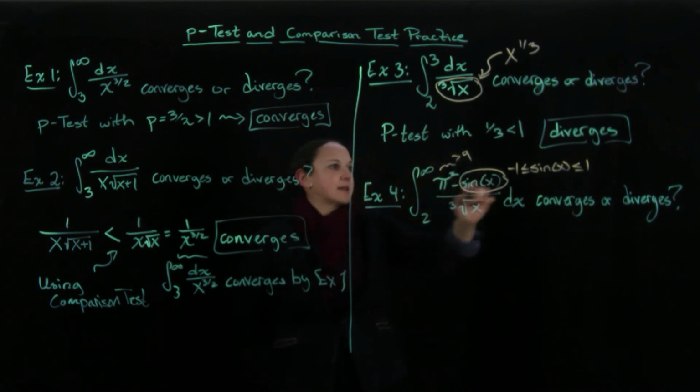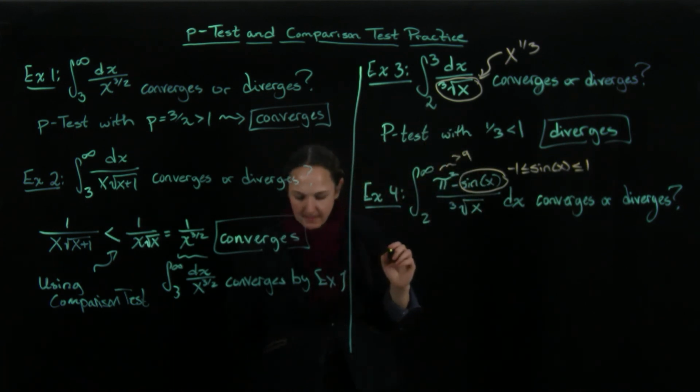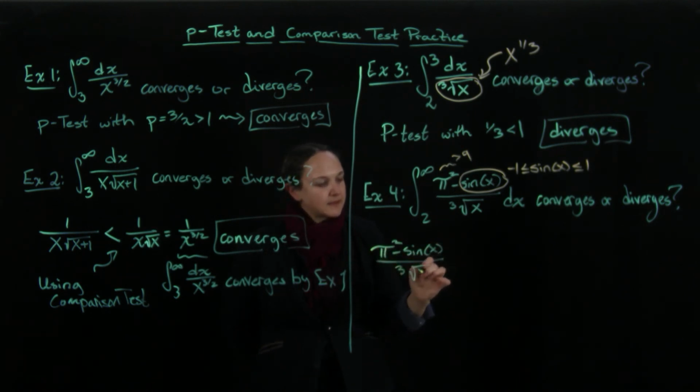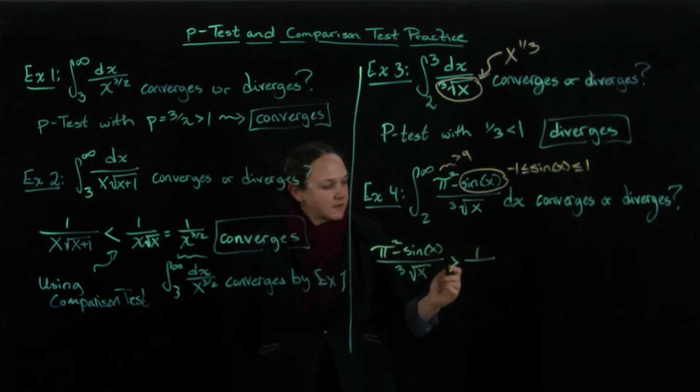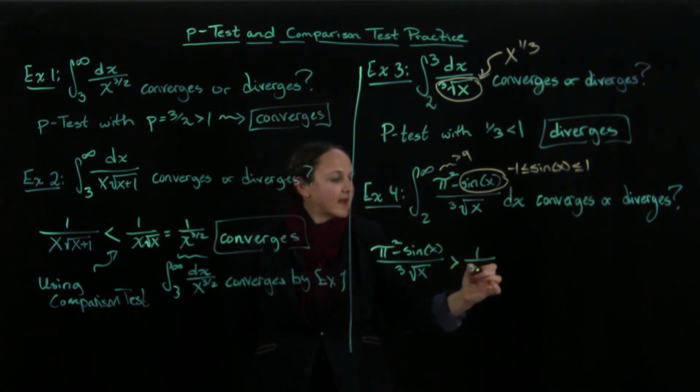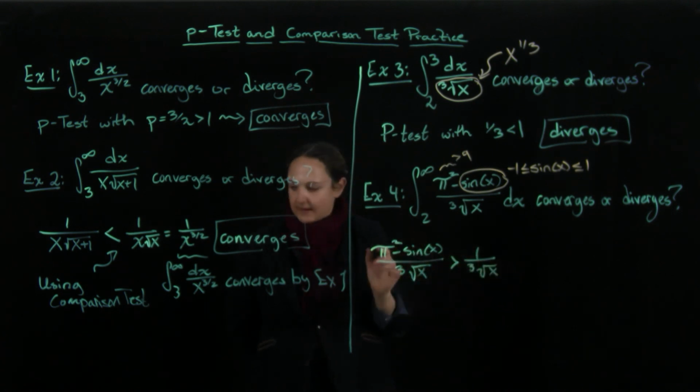So the top is bigger than 1, which tells me that this is bigger than that. So pi squared minus sine of x, over the cube root of x, is going to be greater than 1 over the cube root of x, and we've already dealt with that.